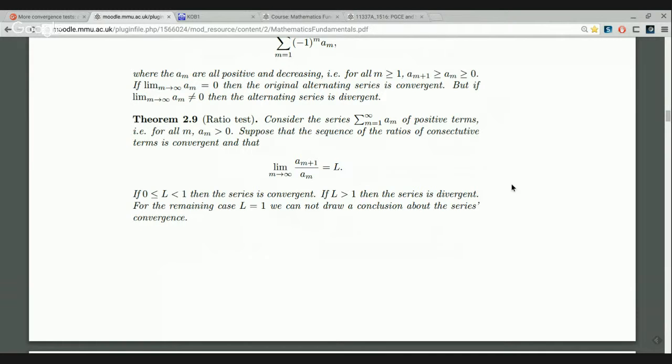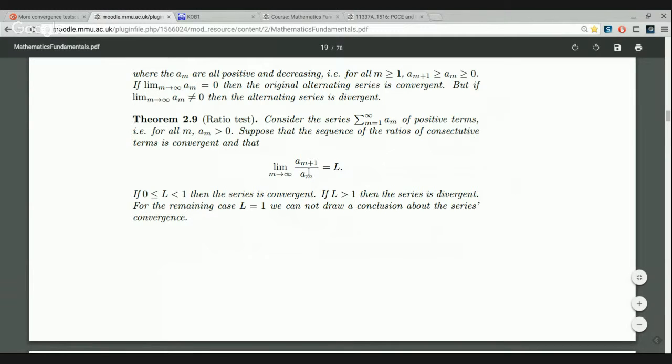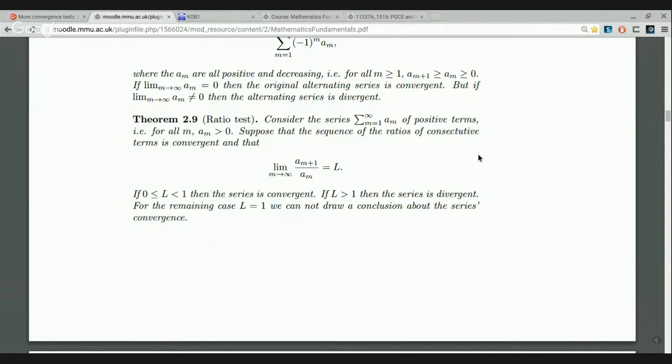Okay. So whatever series you're examining, again, it's represented here as the sum of AM. What you look at is you form this ratio of successive terms, AM plus 1 divided by AM. So that ratio we're looking at is one term of the series divided by the one that came before it. Okay?